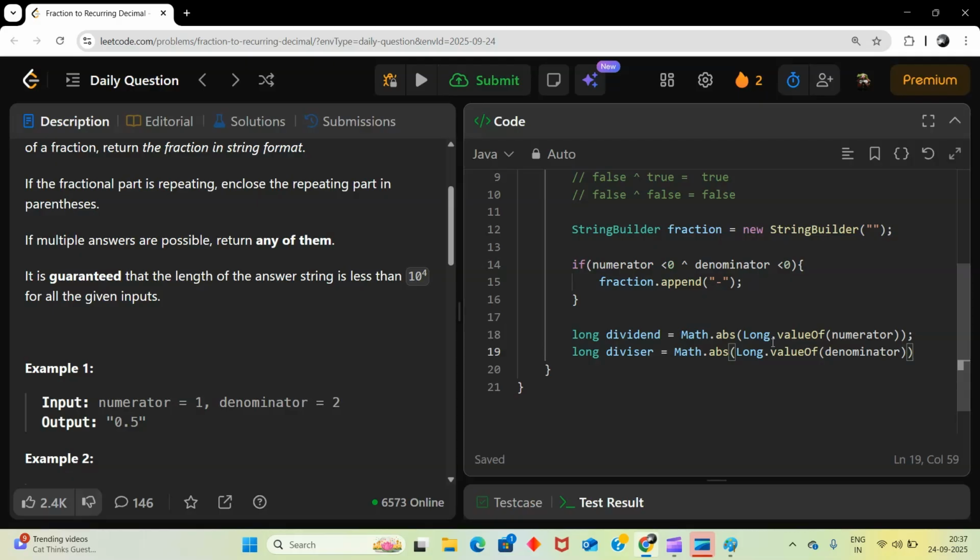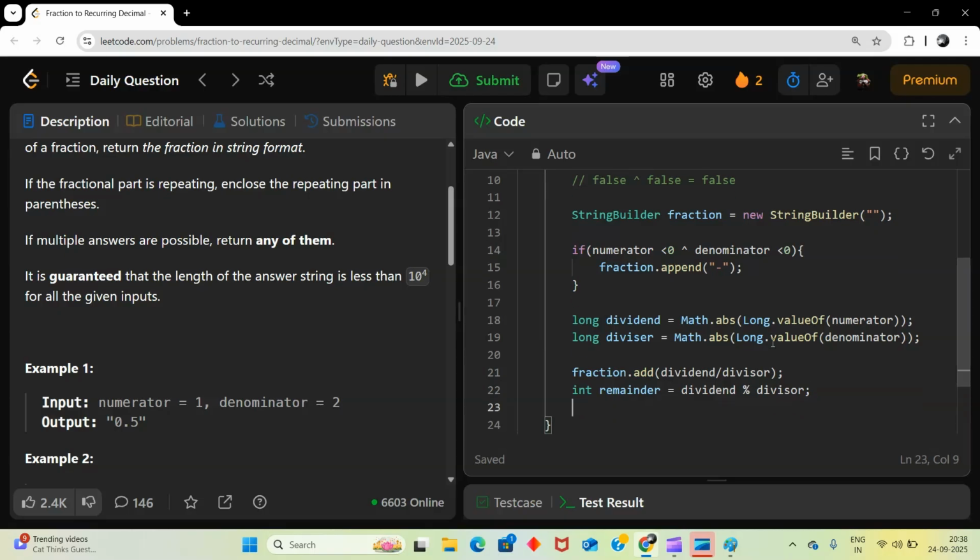Now, before the remainder, fraction.append of dividend divided by divisor. First we will add that, and the remainder will be dividend percent divisor.